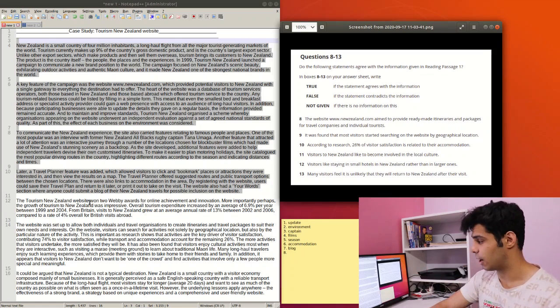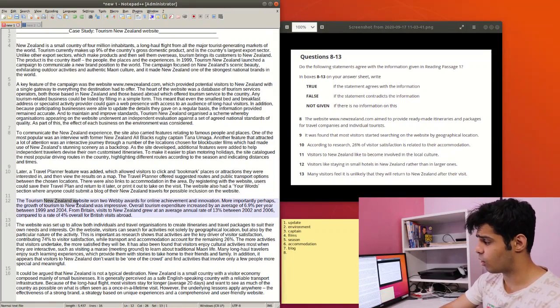That's gonna help. Okay. So the Tourism New Zealand website won 2 Webby Awards for online achievement and innovation. More importantly, perhaps, the growth of tourism to New Zealand was impressive. Overall tourism expenditure increased by an average 6.9% per year between 1999 to 2004.